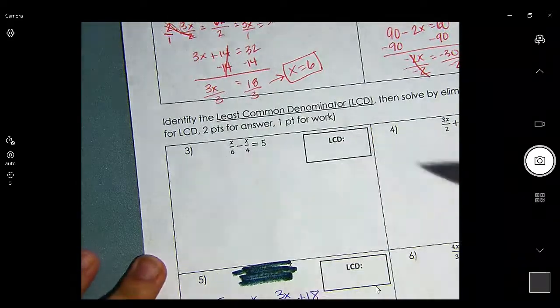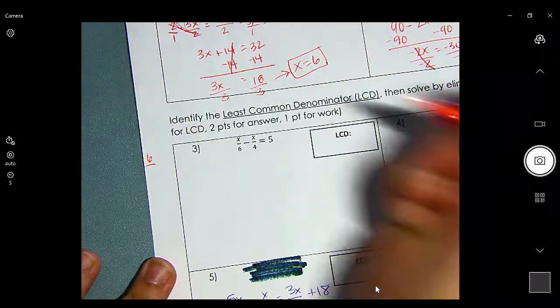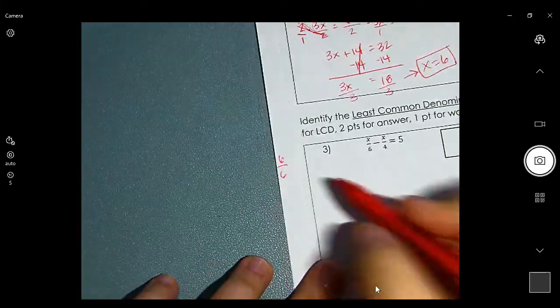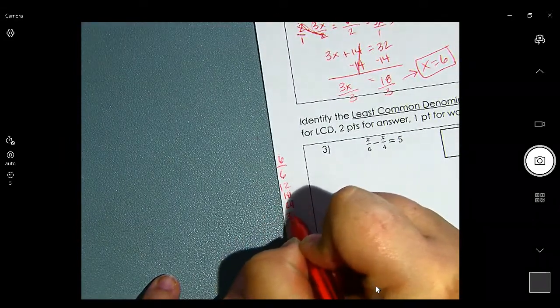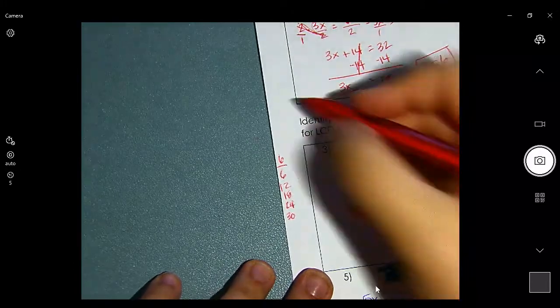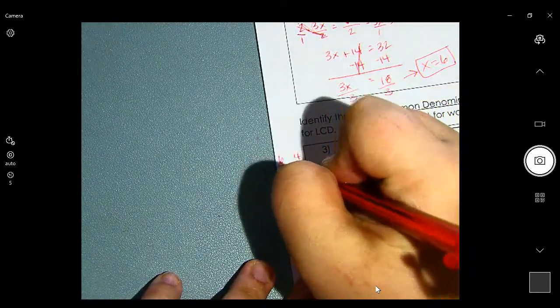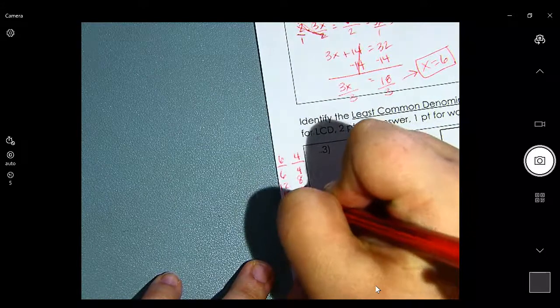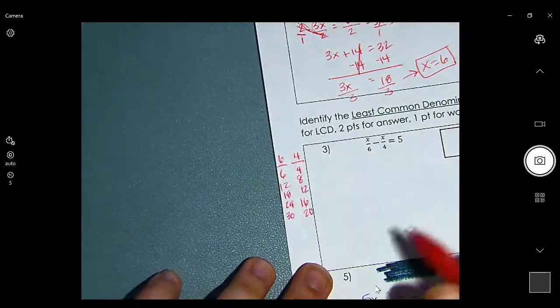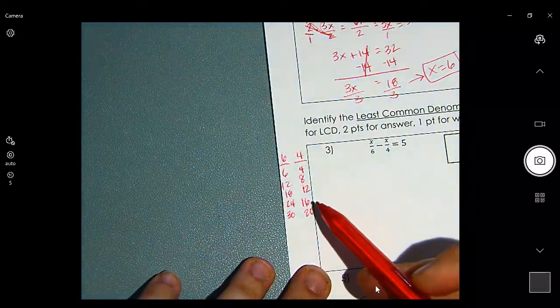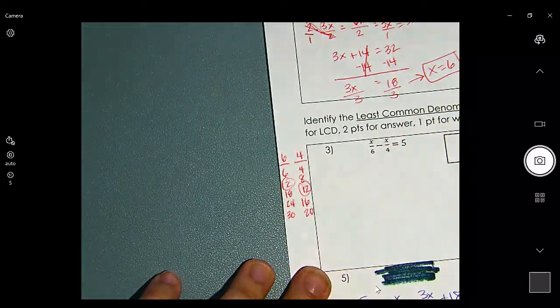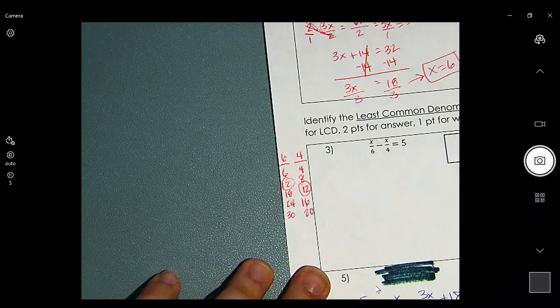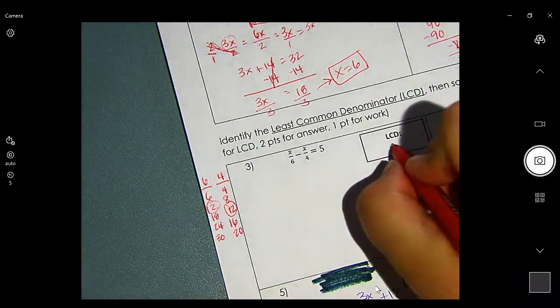If I were to count by sixes, I would have 6, 12, 18, 24, 30, etc. If I count by fours, I have 4, 8, 12, 16, 20, etc. Now I need to look for the smallest number that they both share, which is going to be 12. All right, so my least common denominator is 12.